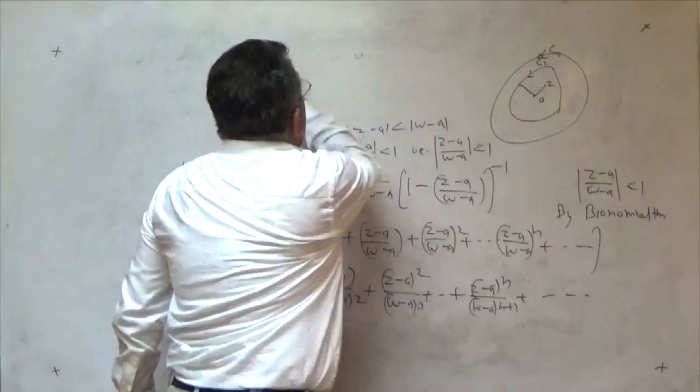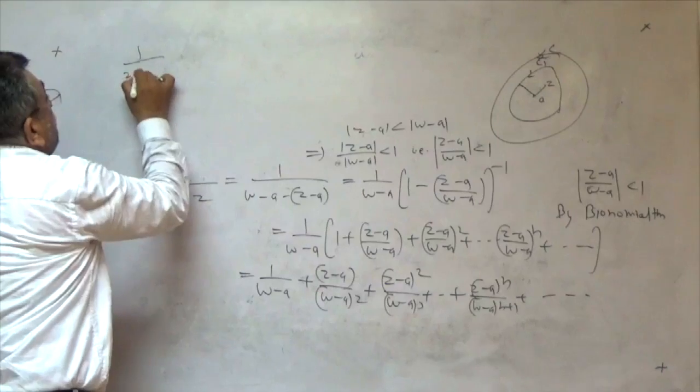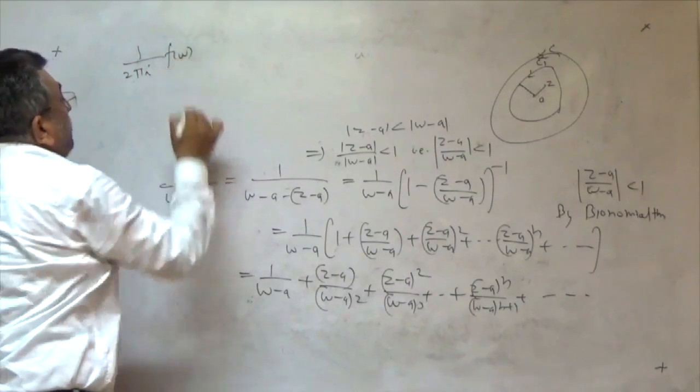Now we multiply by 1 upon 2 pi i into F(w).